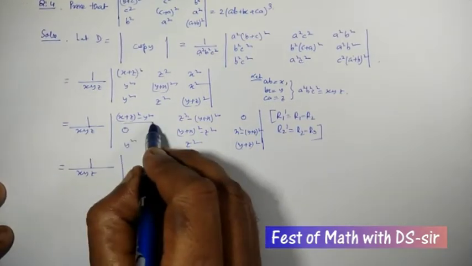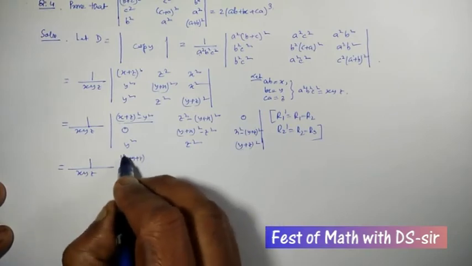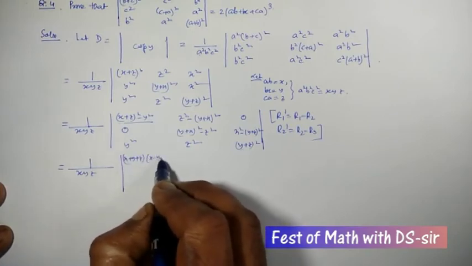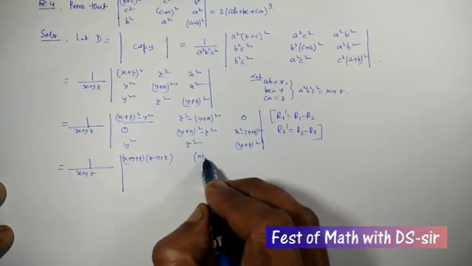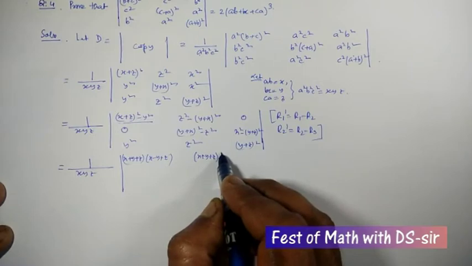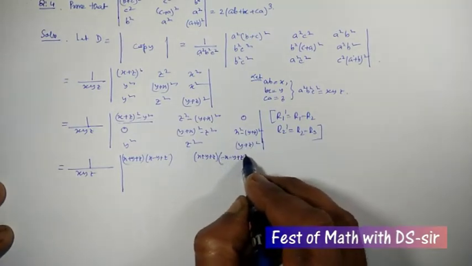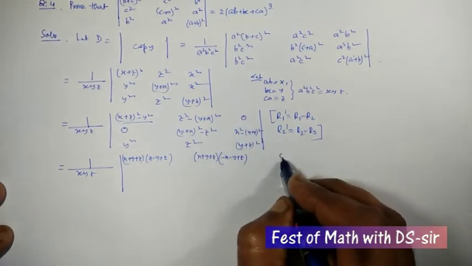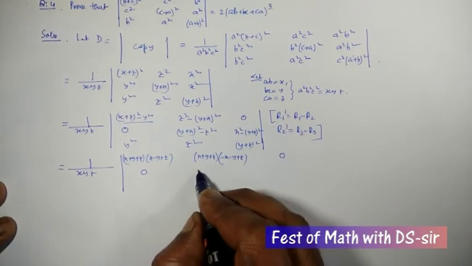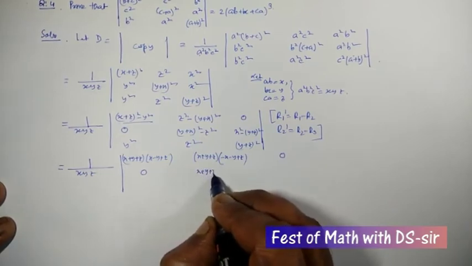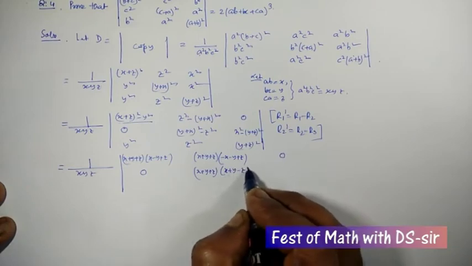Now you notice that this is x plus y plus z into x minus y plus z. This is x plus y plus z into minus x minus y plus z. This is 0. This is 0. This is x plus y plus z into x plus y minus z.